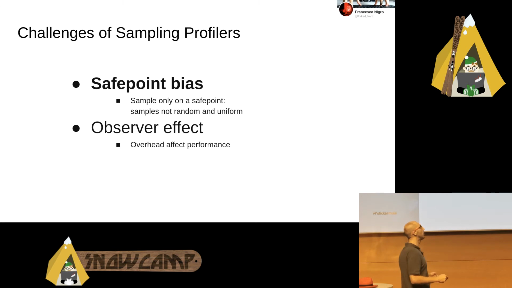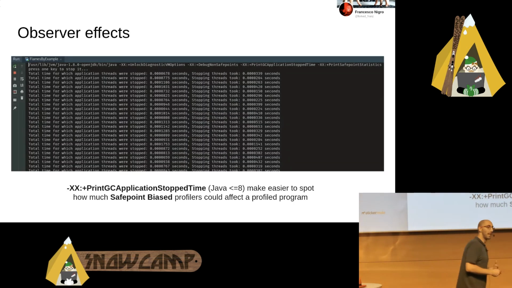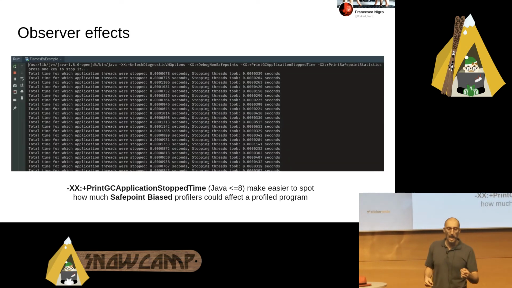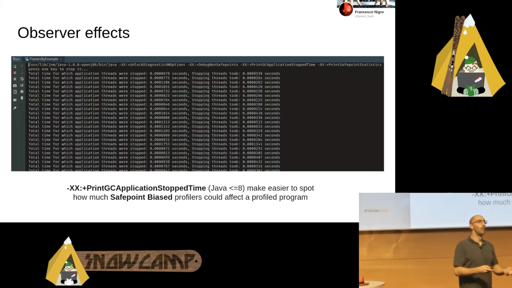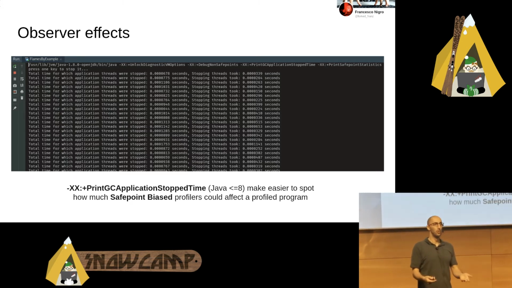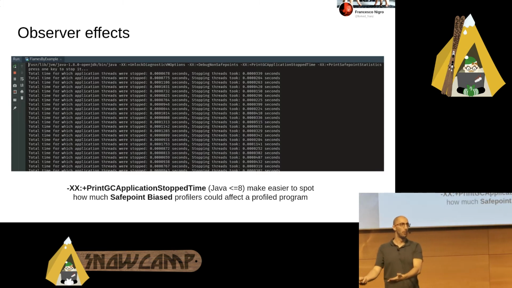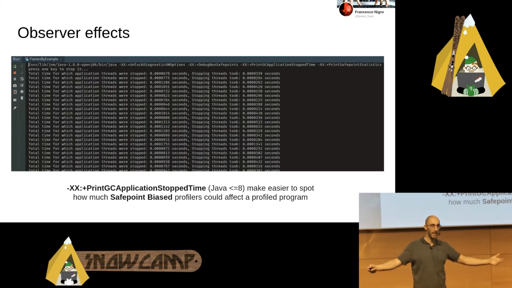The other one is the observer effect. It's something that in a different way we have talked about. I told you that if one of your threads is very slow to arrive at the safepoint poll, it will slow down all the others.